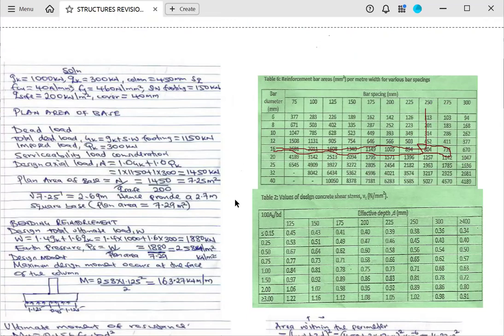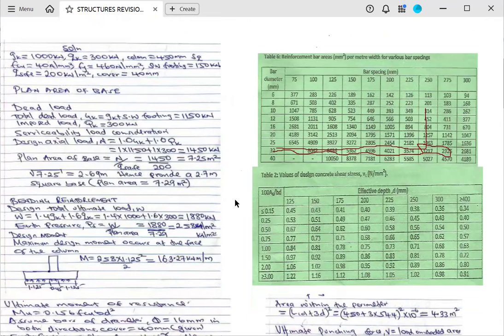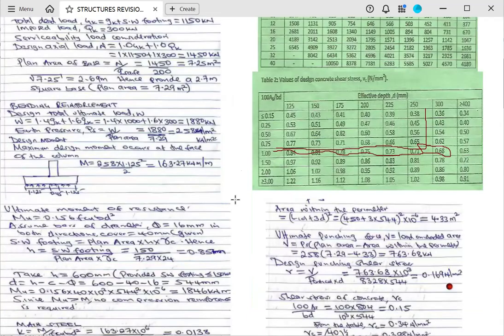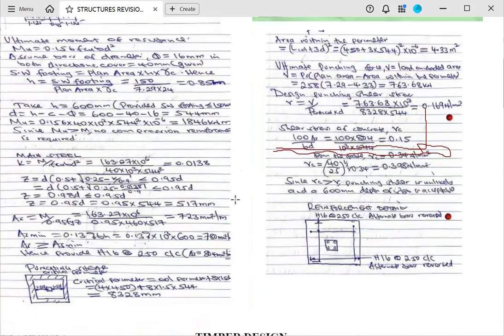That is why here we'll come and say provide H16 at 250 center to center as read from the table, because for the case of slab or pad footing, when you read the area, it must be diameter of bars and the spacing. So we have to provide H16 at 250 center to center, remember in both directions.